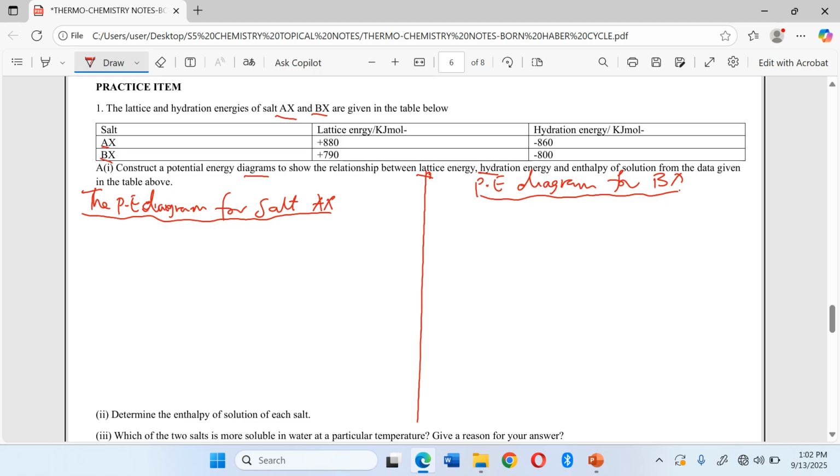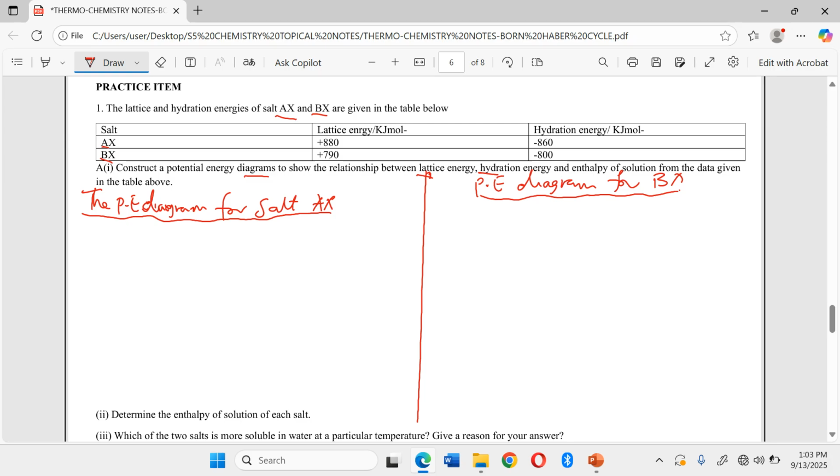Okay, now for you to pass these things very well, you must know how to write these equations. So when they talk about lattice energy, and here it is positive, what does it mean? If it becomes positive, it means that it involves the breaking.